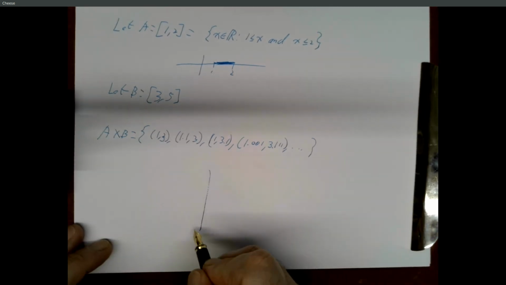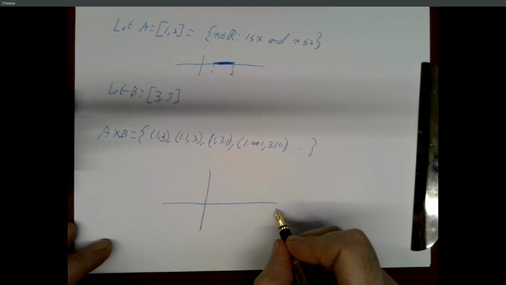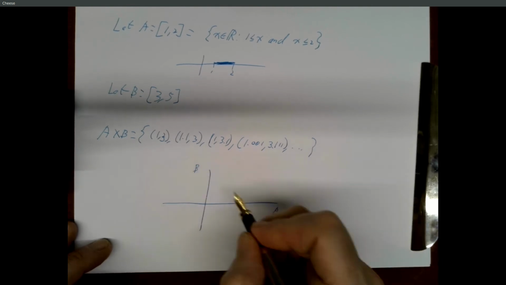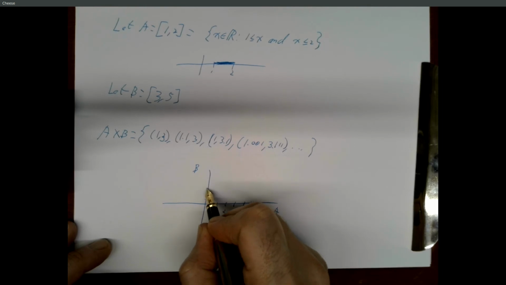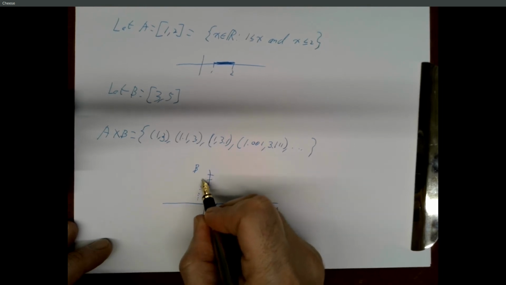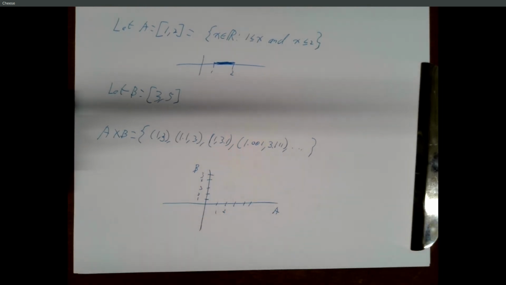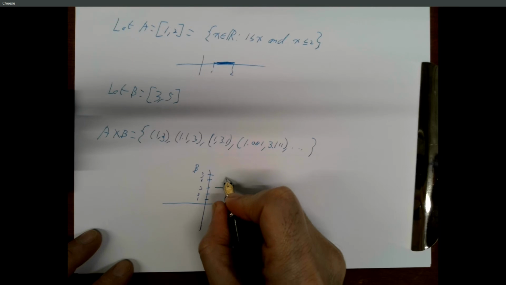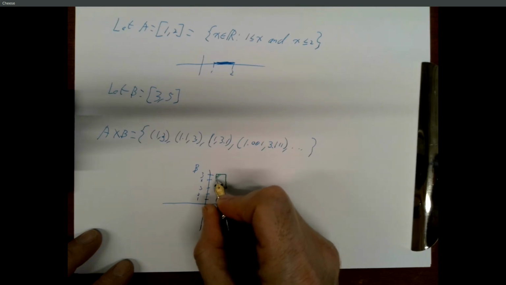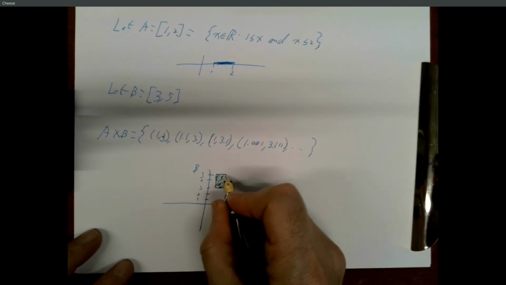Well, if we think of that on a Cartesian plane, where this is A and this is B, what does that whole collection of points look like? It's going to be this filled-in rectangle.